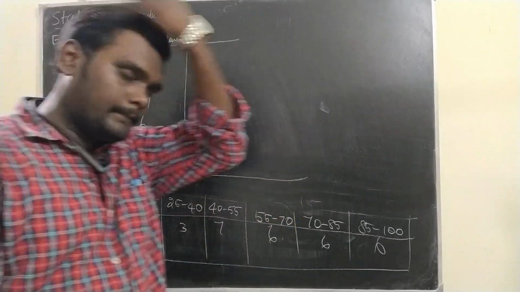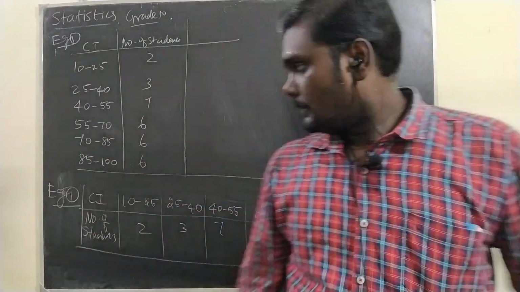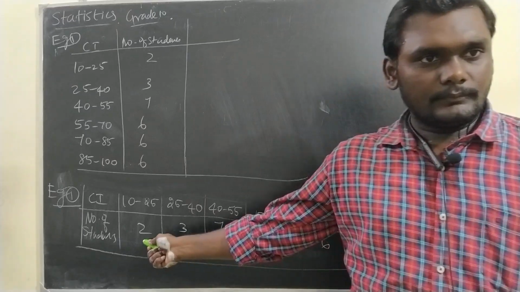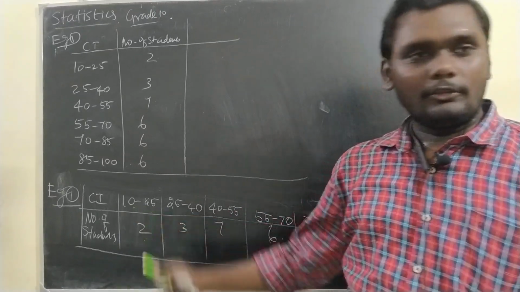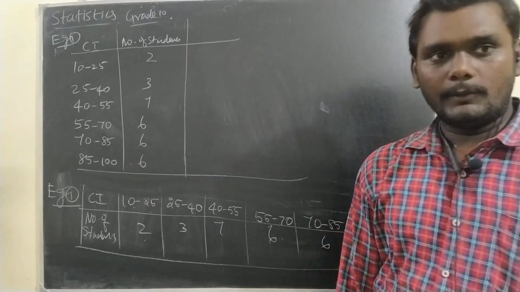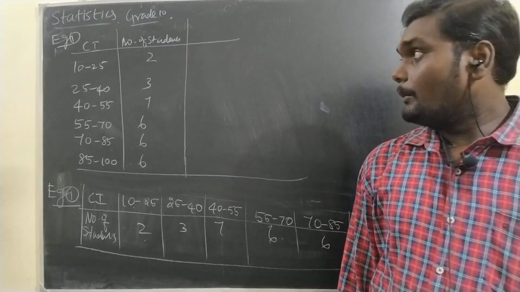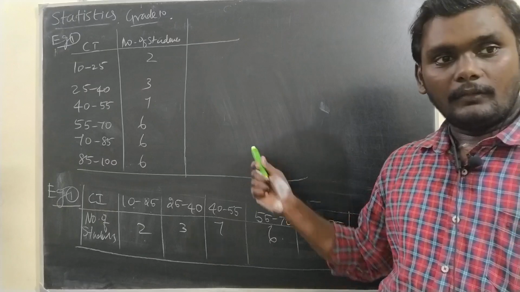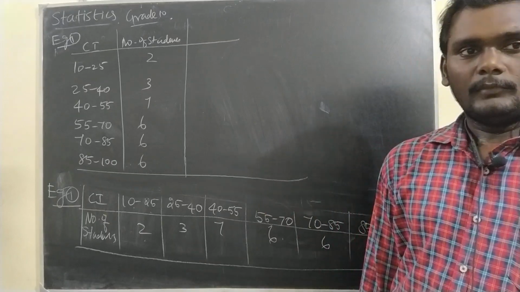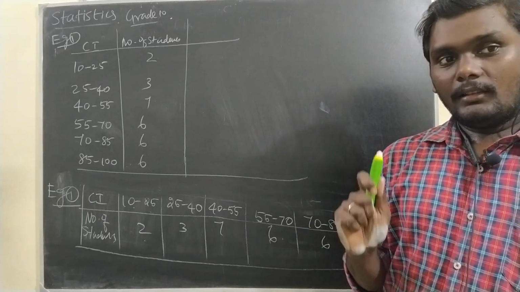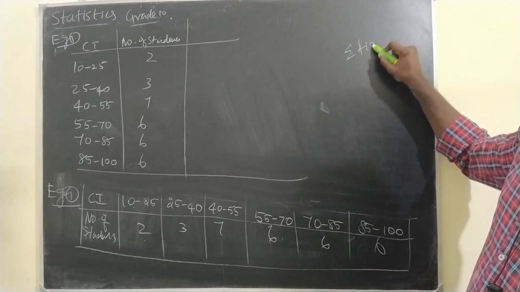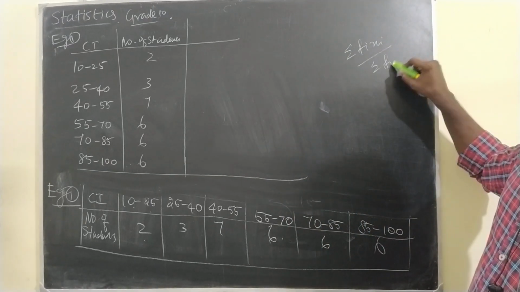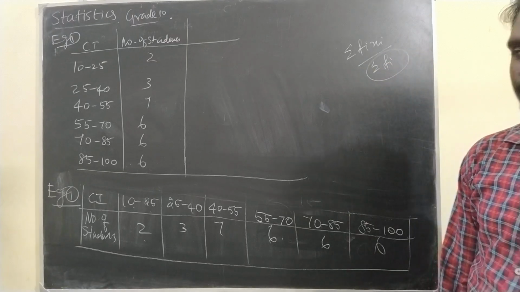Grouped. Okay. See, this is our fi, the number of students. How many students got marks from 10 to 25? Remember, in the first example I told you. So what procedure do we have to apply? For grouped. But there is a problem. The formula says sigma fi xi by sigma fi. This one you can calculate easily.